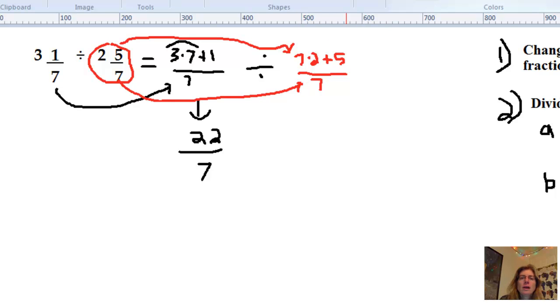Alright, and we're going to place that down here. 7 times 2 is 14, so that's first. 14 plus the 5 is 19, so you have 19 sevenths. Okay, so we did step 1.